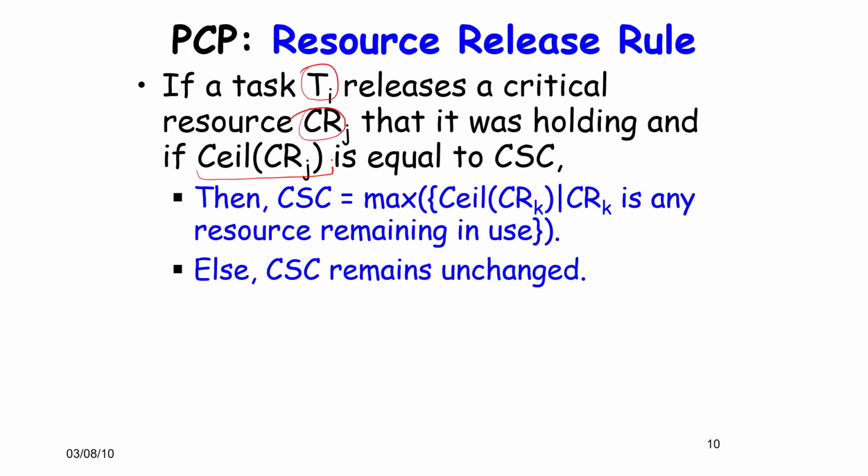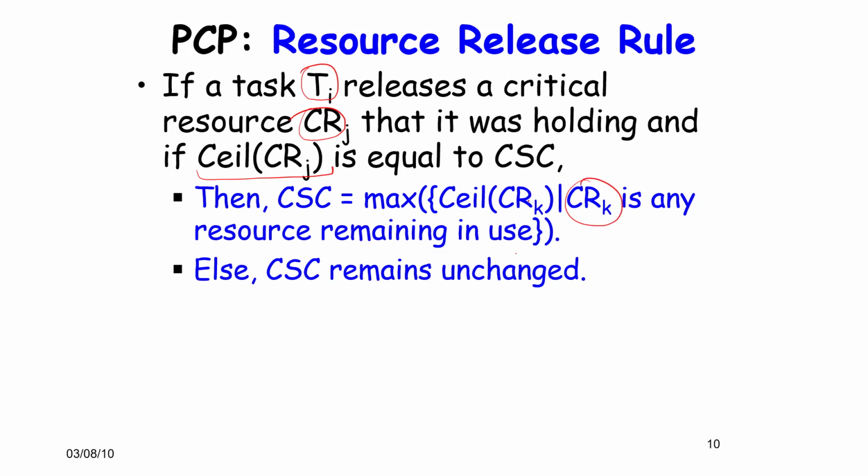If the ceiling of CRG is equal to CSC, then there is a need to reduce CSC. CSC can be reduced just by computing it from scratch, which is we take a look at all the resources that are currently being used.